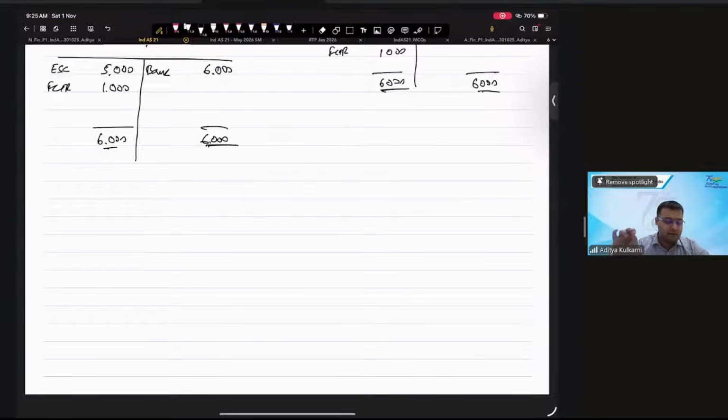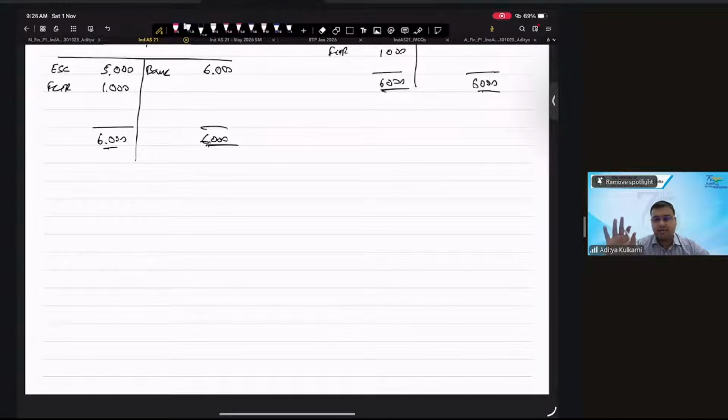But will that foreign exchange gain of 1000 be realized in the near future, or only when you shut the subsidiary or the foreign operation? Only on shutting of the subsidiary.